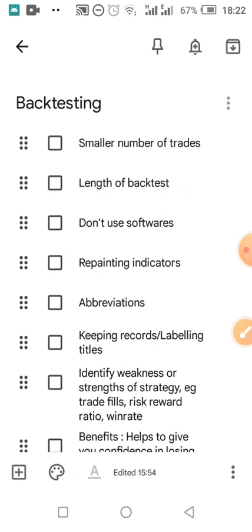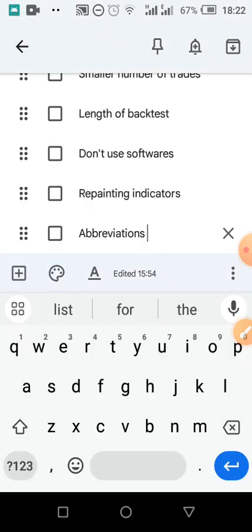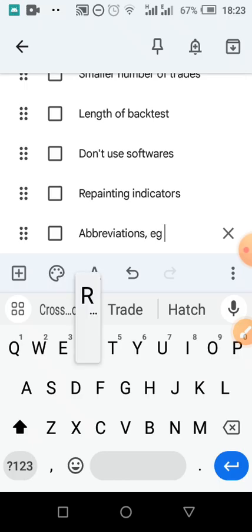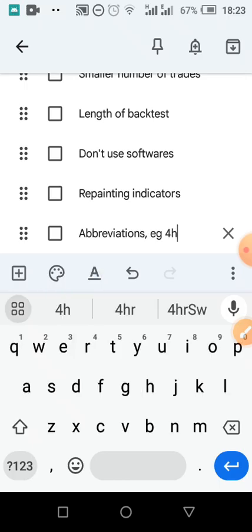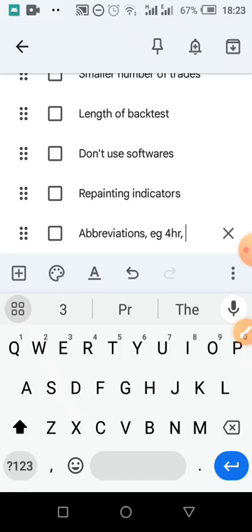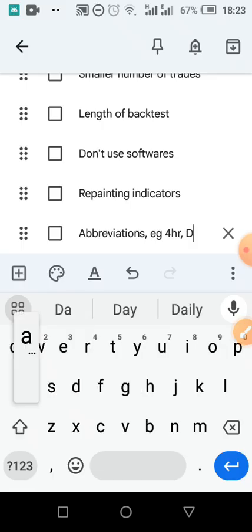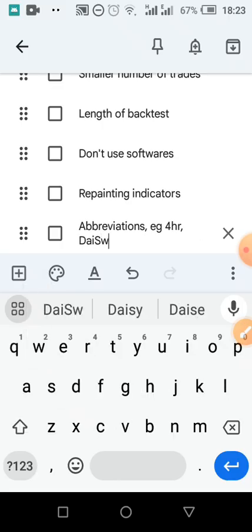So for example, for 4-hour time frame trend, you can just type even 4-hour like that. Even if you want to use the daily time frame swing, you can just use any form of abbreviations which you can remember for yourself.